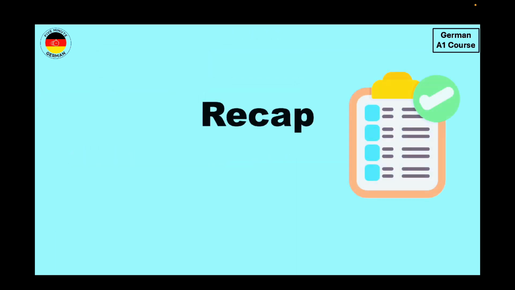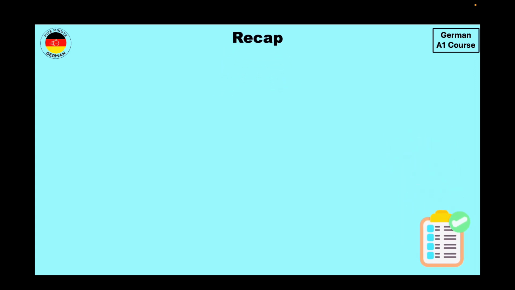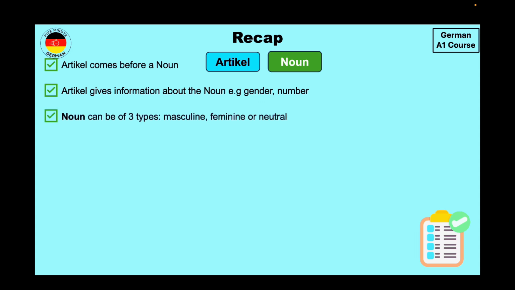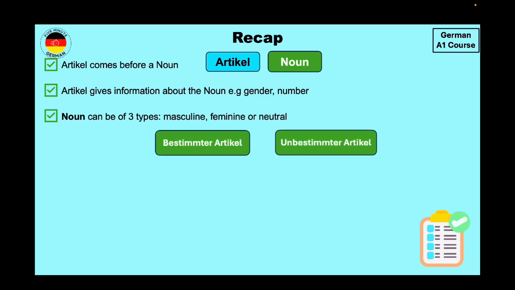Now let's do a quick recap of what we have learned in this lesson. So we learned that an article always comes before a noun. An article gives information about the noun, for example, the gender of the noun, number of the noun, etc. A noun in German can be of three types: masculine, feminine, or neutral. An article can either be a bestimmter article, which is a definite article, or an unbestimmter article, which is an indefinite article.